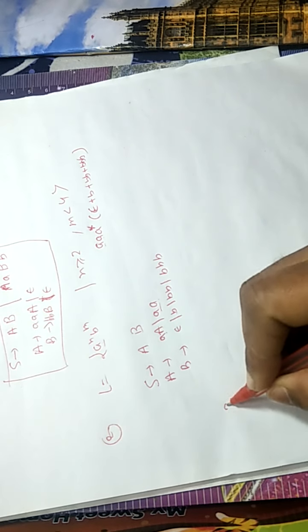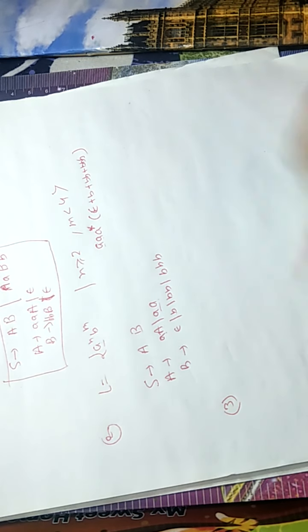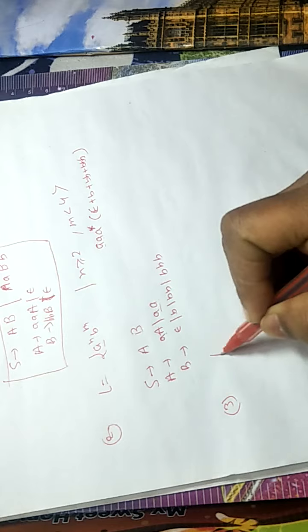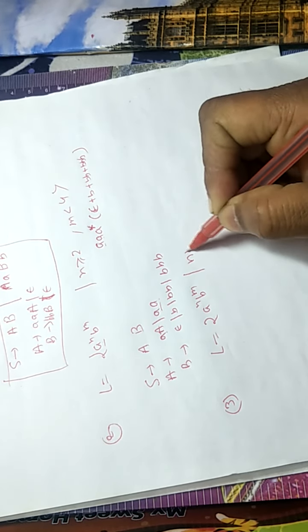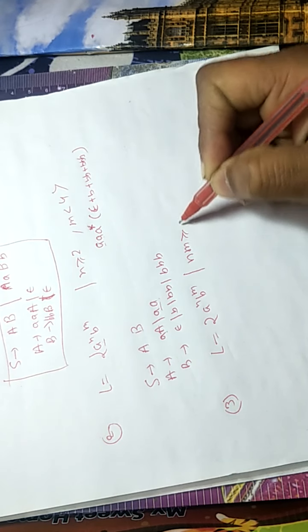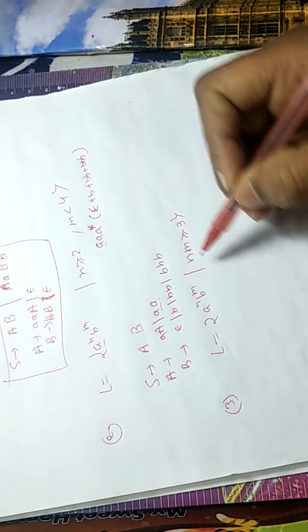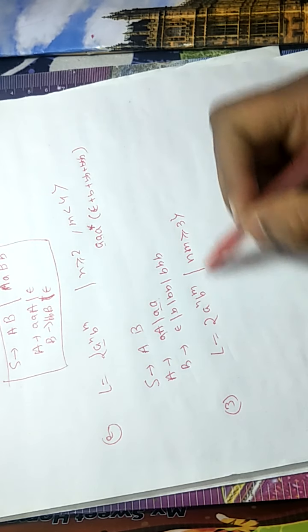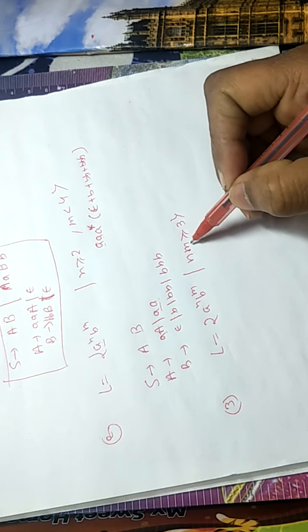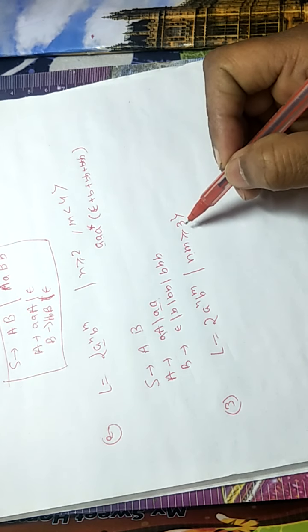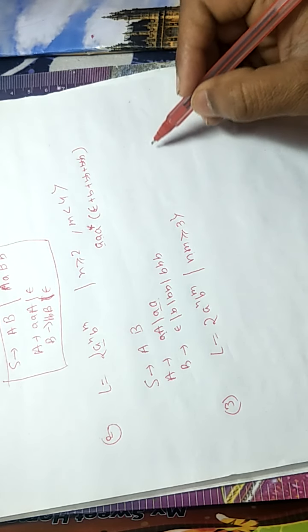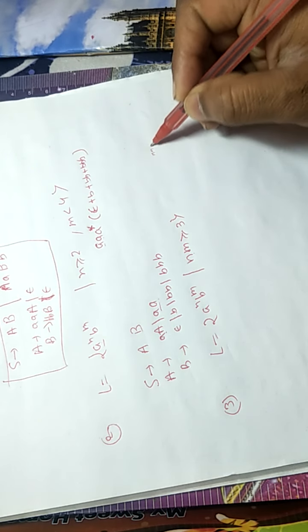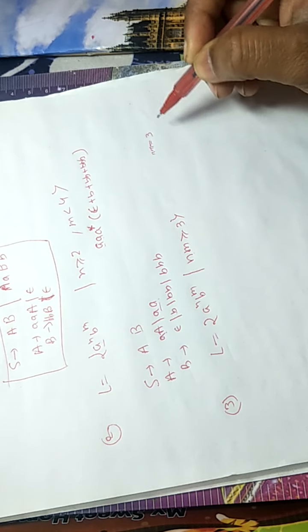Move to the third language. L is equal to a raised to power n, b raised to power m, and nm greater than or equal to 3. It means that the count of n multiplied by the count of m should be greater than or equal to 3. So we have to look at the minimum condition, nm equal to 3.